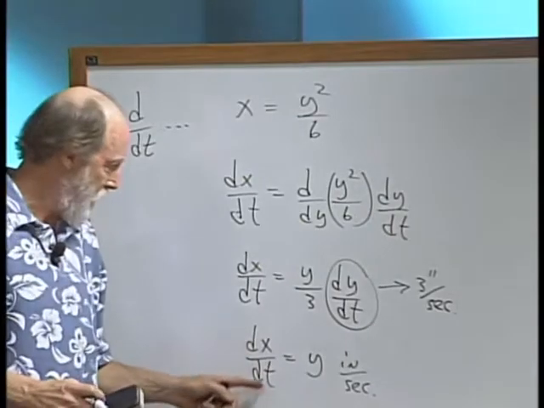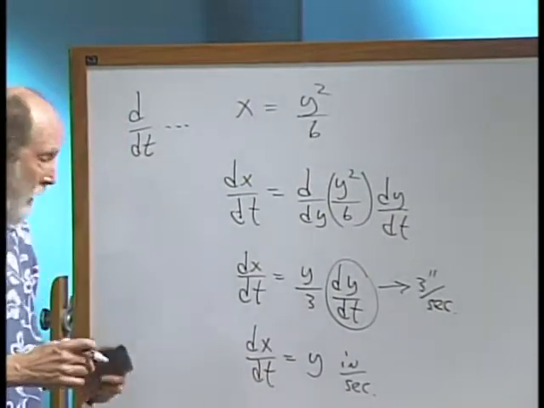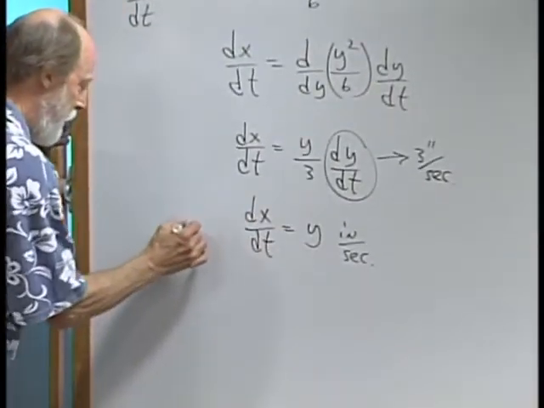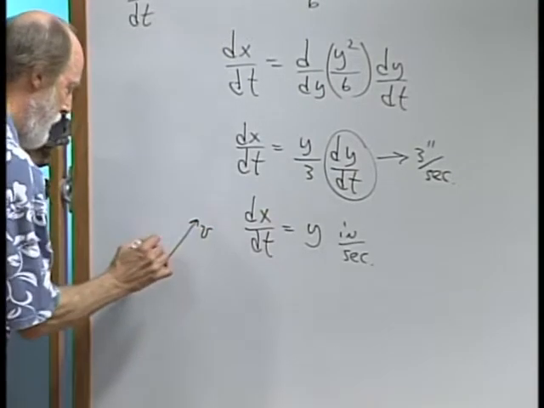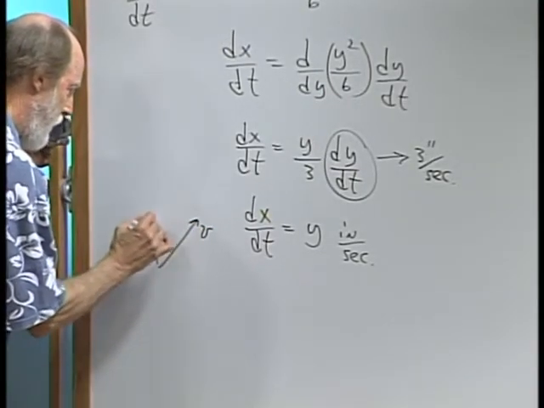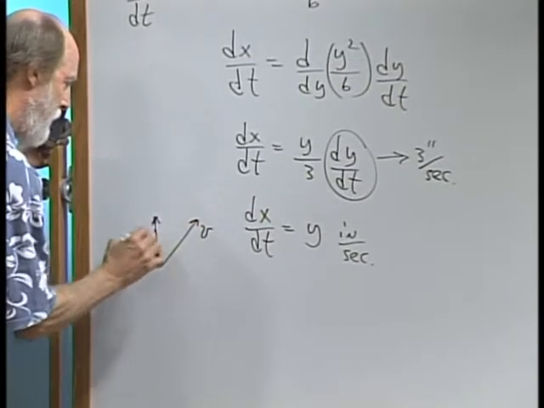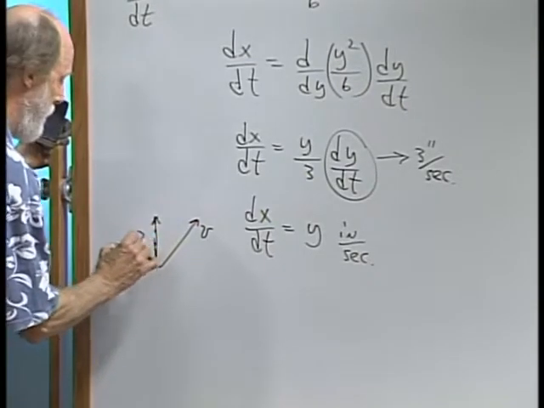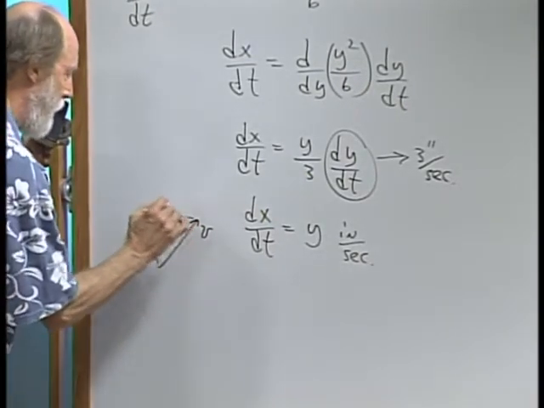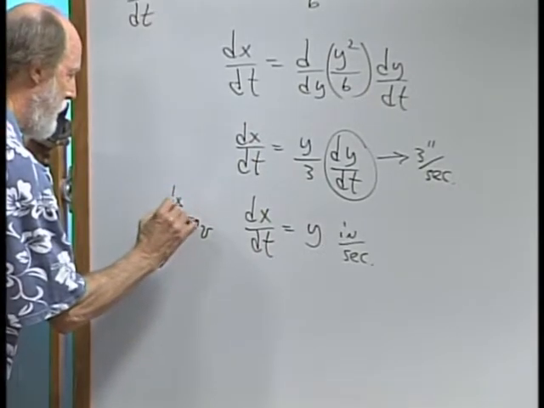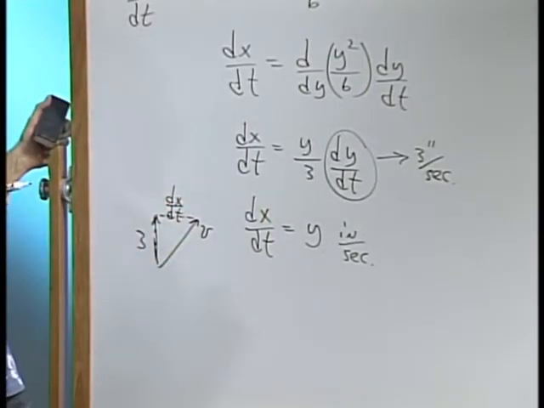So dx dt is, in other words, dx dt, if this is v, and dy dt here is a constant 3, then this is going to be the dx dt reading off of that.